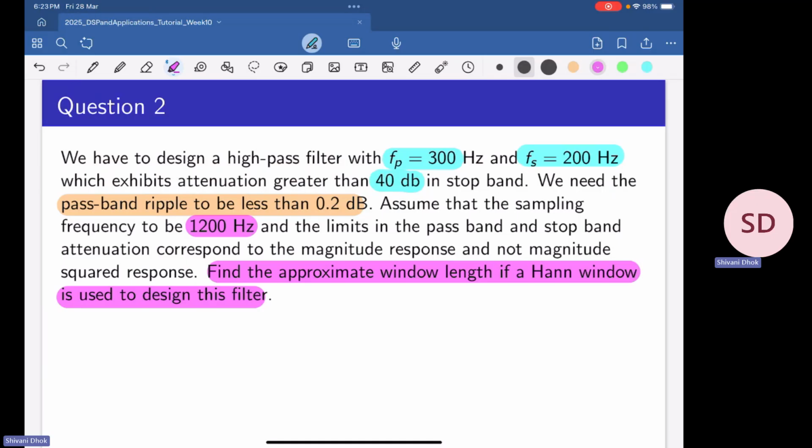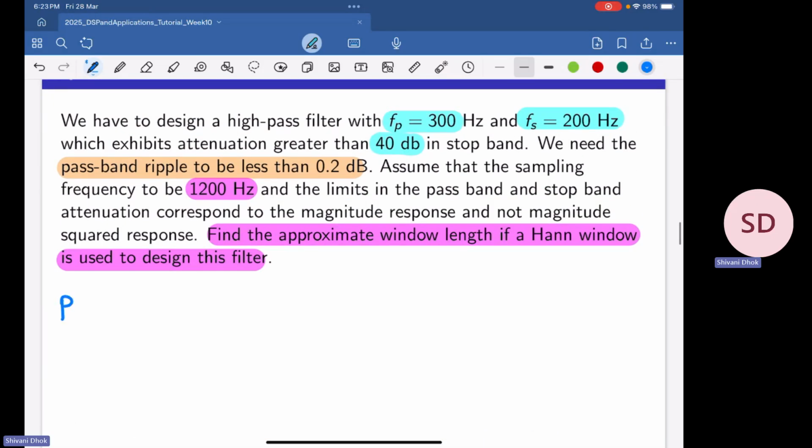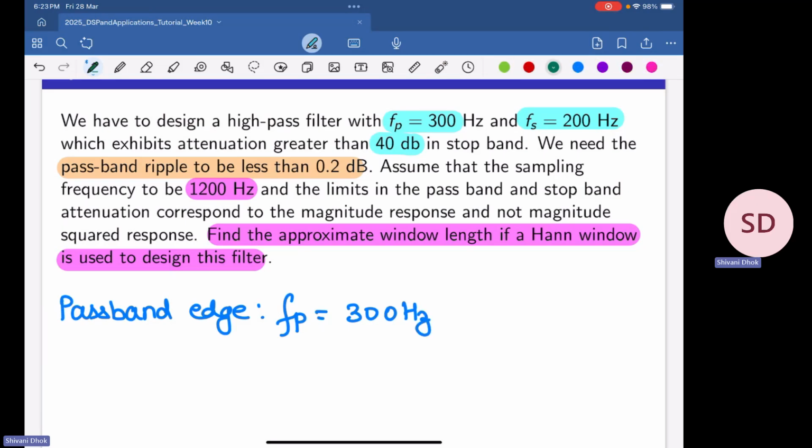Okay. So what all things are given to us? First thing that is given to us is it is a high pass filter. So the pass band edge in analog domain is FP, which is 300 Hz. Then we have the stop band edge, which is Fs equal to 200 Hz.